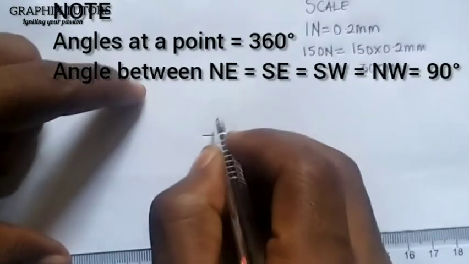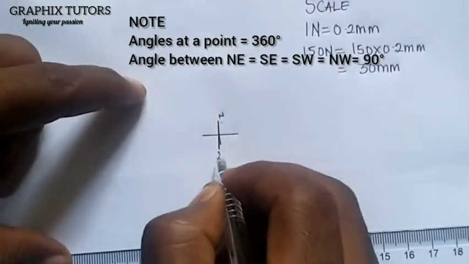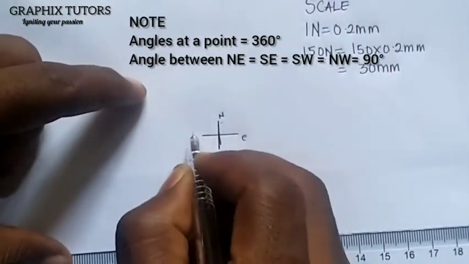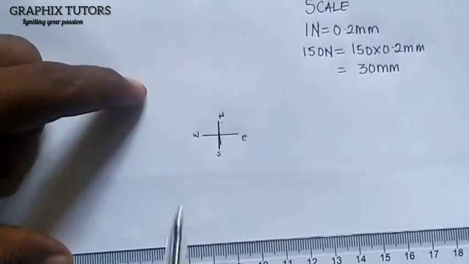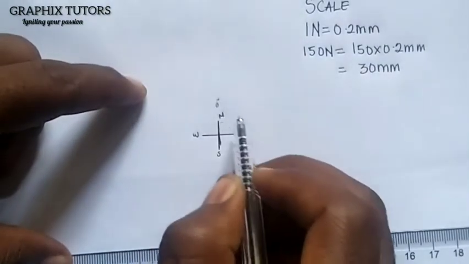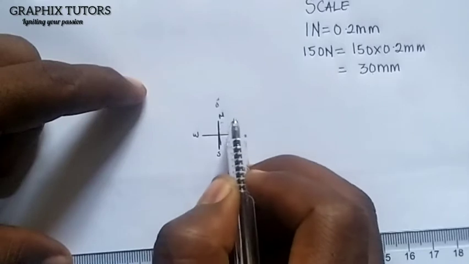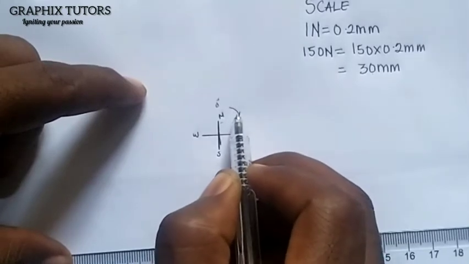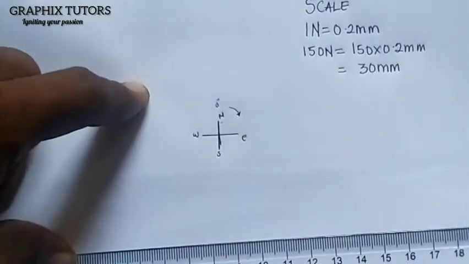This is my north, this is my south, this is my east, and this is my west. So we're moving from 0 degree on our north axis, and we're going this direction clockwise, right?